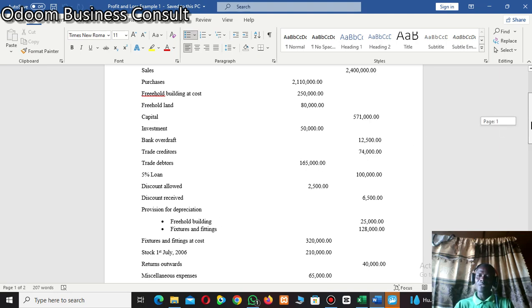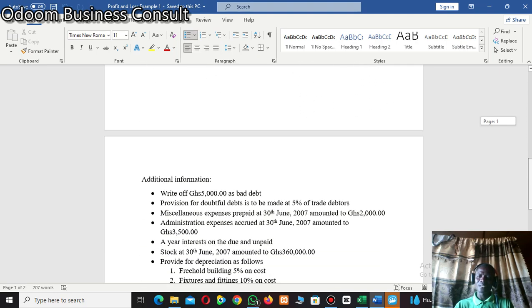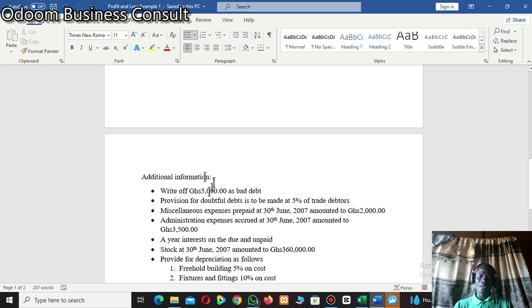So it has come to the attention of the accountant that out of that figure, 5,000 cannot be recovered from the debtors. Some of the debtors will fail to pay an amount of 5,000 Ghana cedis, or it cannot be collected from the debtors.